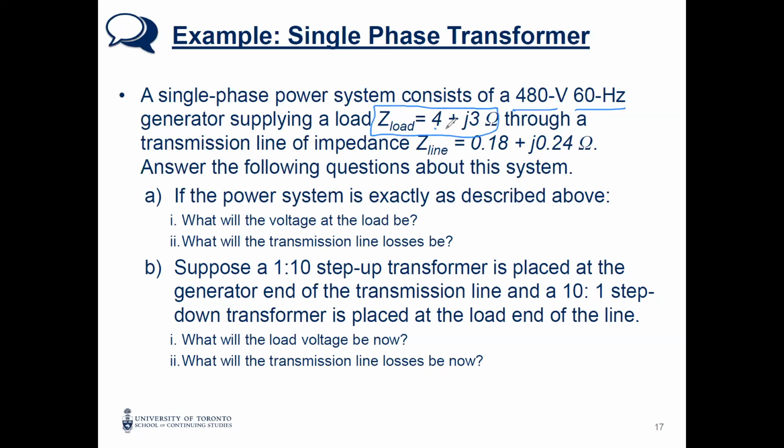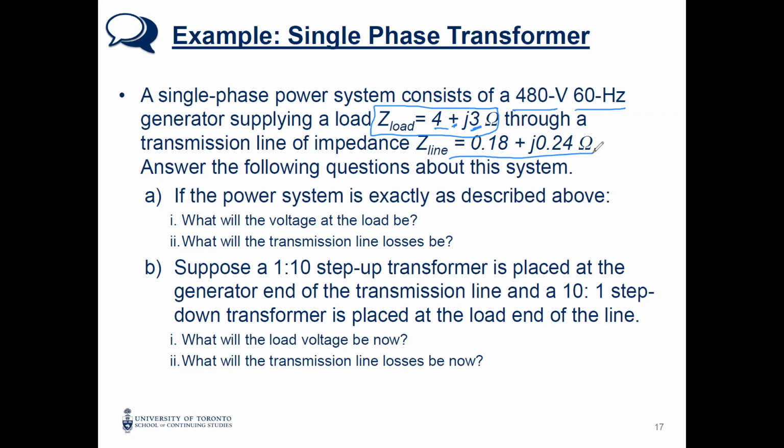You have a resistance of 4 ohm and a positive reactance, meaning inductive, of 3 ohm. It is connected through a transmission line, with a given impedance for the transmission line. And then you have two different options.